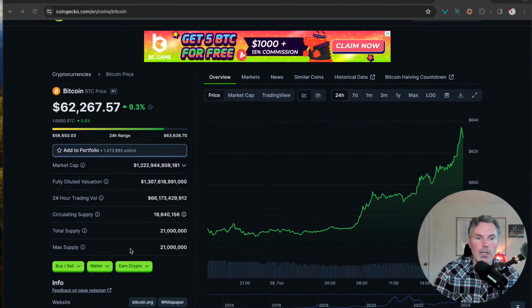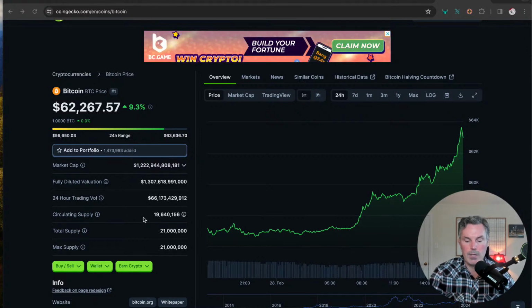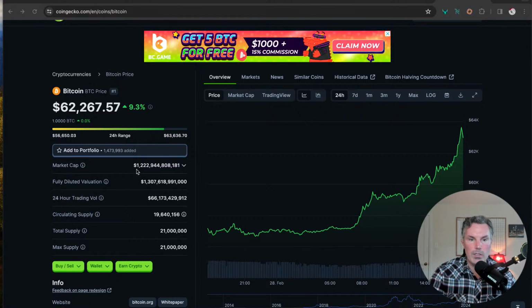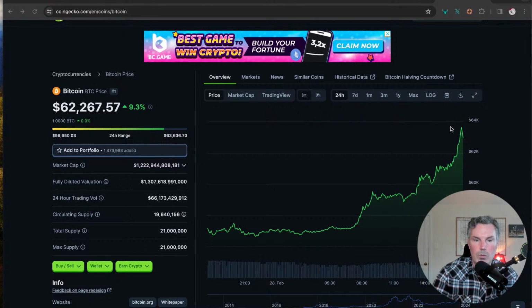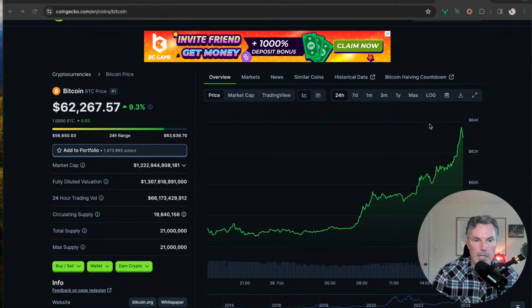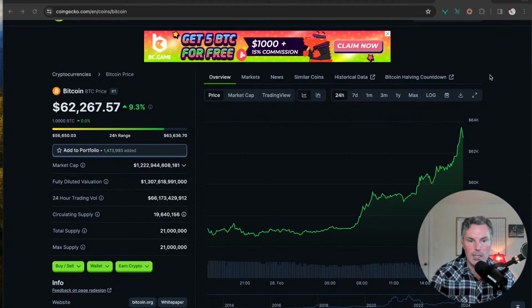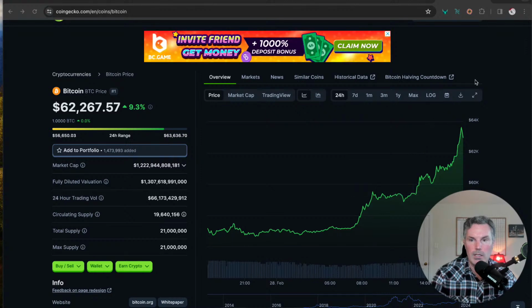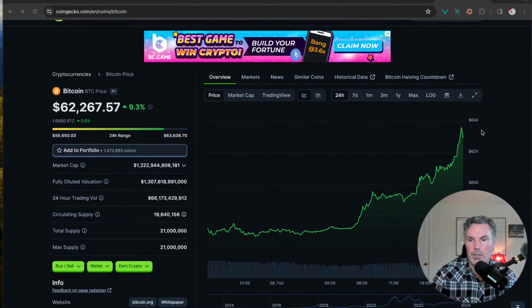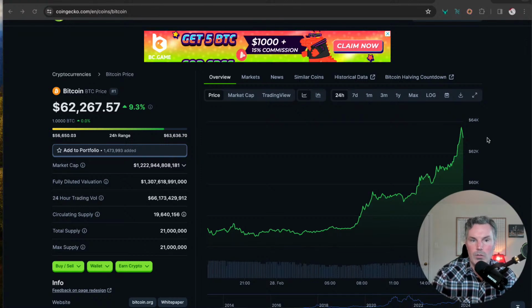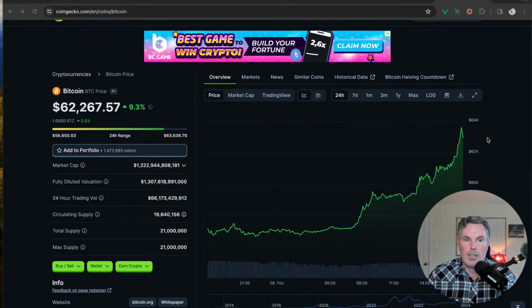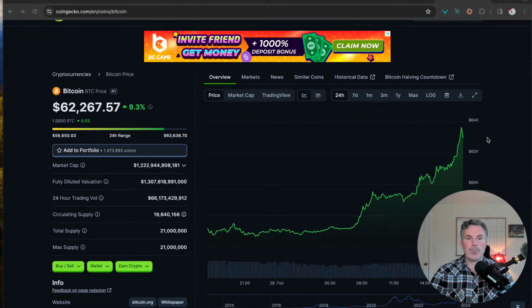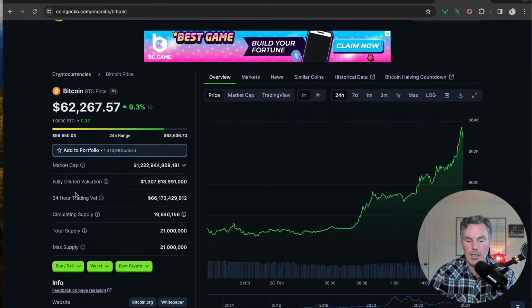If you take the market cap, which is this number here, 122,944,808,181, and you divide that now by the circulating supply of 19,640,156, you're going to get 62,267, right? And that's how you calculate the price.